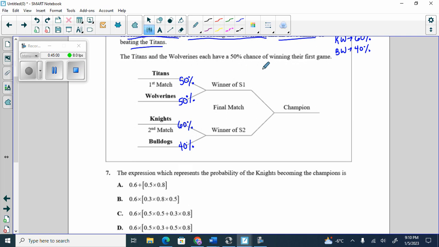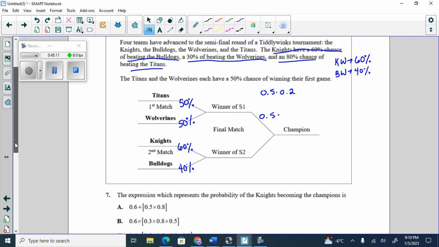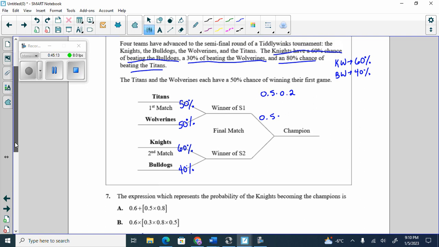The Titans win, it would be 0.5 times 0.2. If the Wolverines win, it'd be 0.5 times 0.3. Oh, 0.8. Where am I getting 0.2 from? 80% chance. 0.8. You're all like, what is she saying? Is she crazy? So their chance of winning against the Titans is 0.8. The chance of winning against the Wolverines is 0.3.